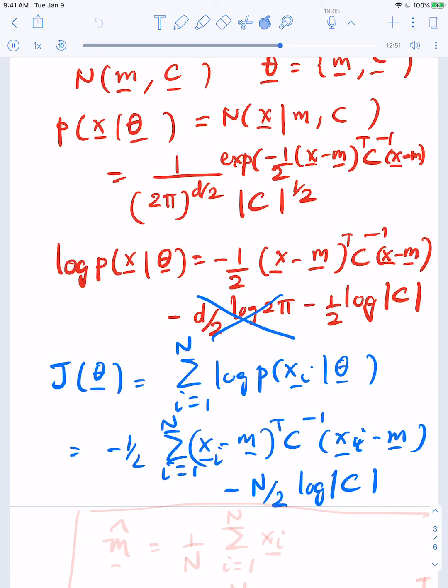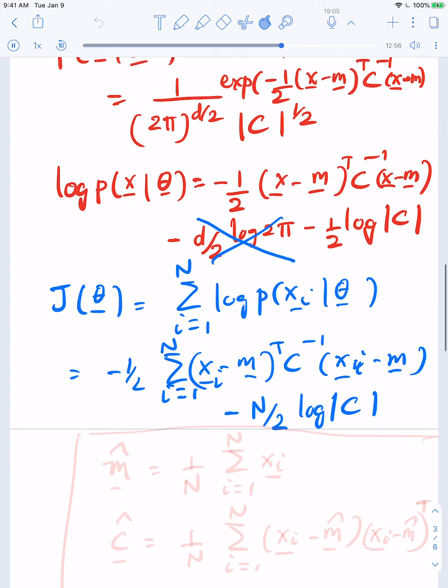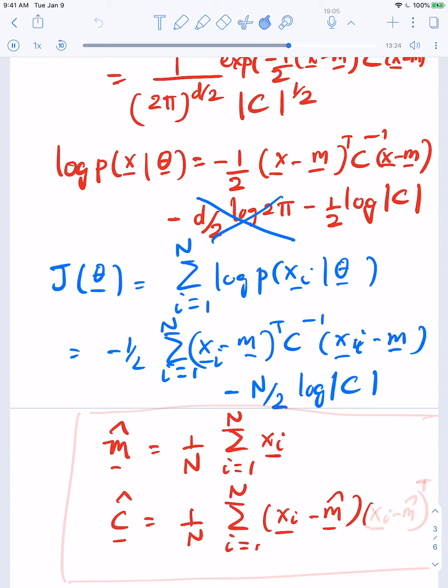So let me first just write down the final answers before sketching the derivation. I won't have time to do any more than sketch. So the maximum likelihood estimates are as intuitive as you would expect. m hat is just directly the average of the data points, and C hat is just the covariance of the deviations of the data points from m hat, right?